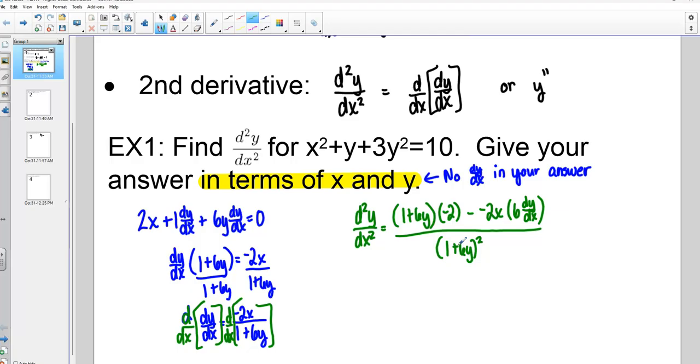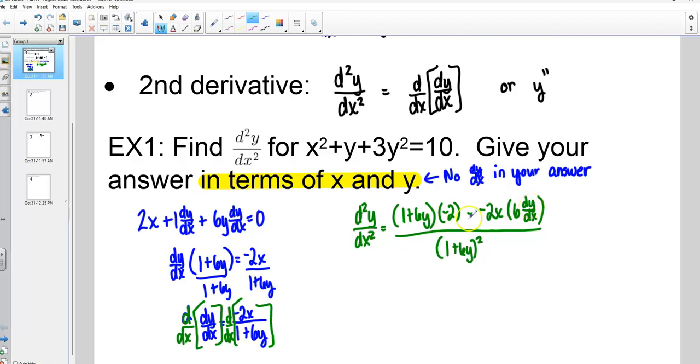Okay, the thing that makes this part difficult is we just found the derivative of a y, so we had to put dy dx. And the question says I have to have this in terms of x and y, meaning I cannot leave dy dx in my answer. So I have to replace dy dx.